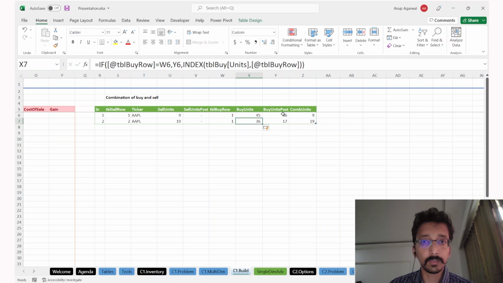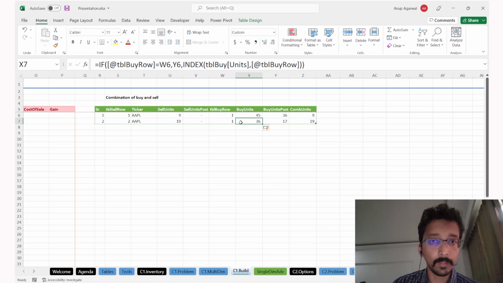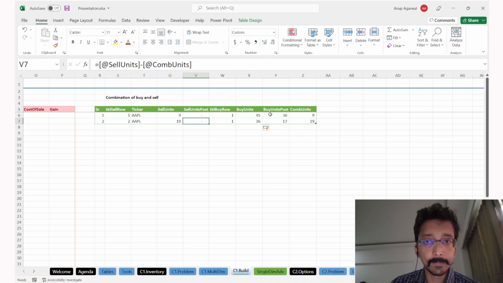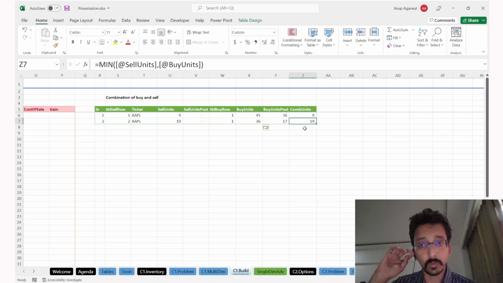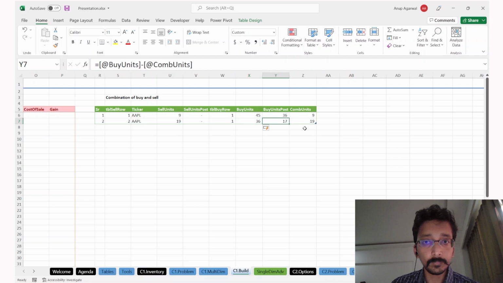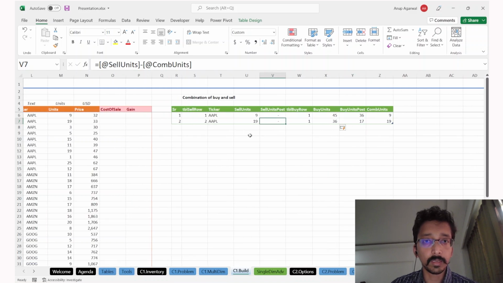So I write a formula like this. So you see now this balance of 36 appears over here, as we have 36 units available to allocate. So now the formula does a min of the 19 and 36. It has allocated 19 units. And so we have a balance of 17 on the first buy row and nothing on the second sell row to allocate.